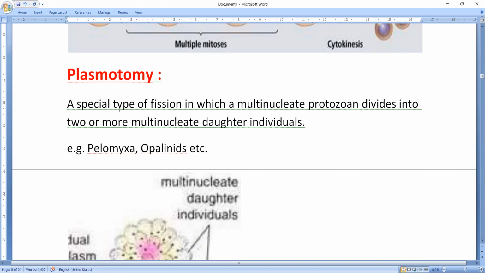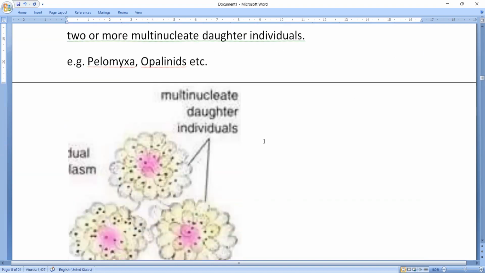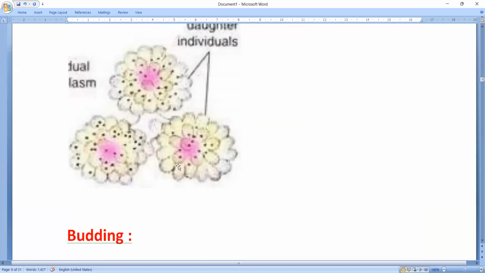Plasmotomy is a special type of fission in which a multinucleate protozoan divides into two or more multinucleate daughter individuals. So there is no particular plane and no particular number of nuclei shared. Naturally, without any particular method, the opalinates divide.